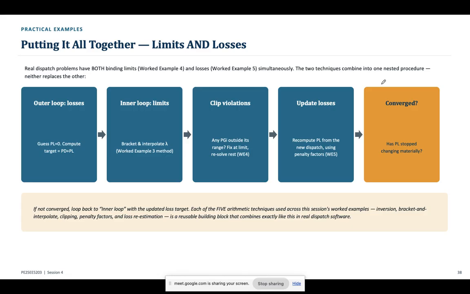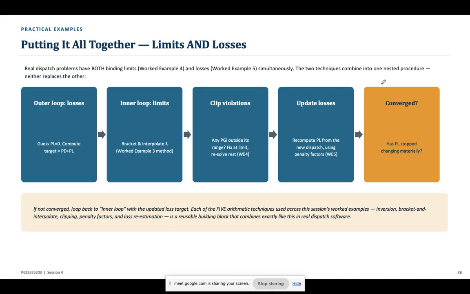Inside the target, we solve the economic dispatch problem using lambda iteration. During that inner solution, any generator that violates its limit is fixed at the appropriate boundary, and the remaining demand is redistributed among free generators. Once the inner dispatch is obtained, we calculate a new transmission loss from the resulting generator output.